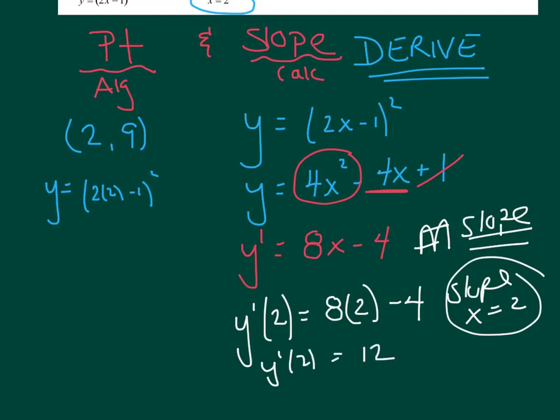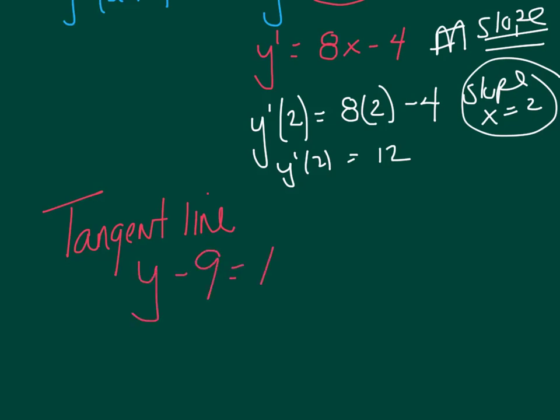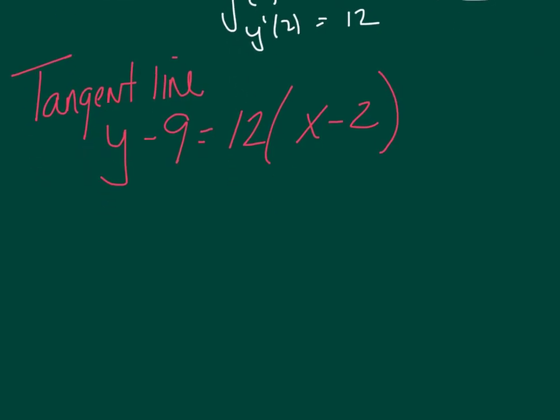So as I put it all together, and let's be specific, the equation of my tangent line is y minus 9 equals 12 times x minus 2. I just want a quick representation so you know what we're talking about in your head there.